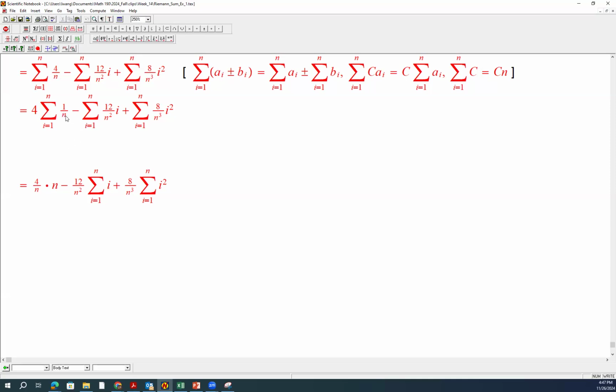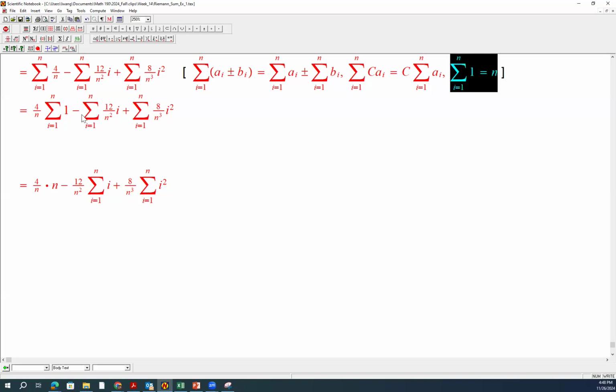Why? Because n has nothing to do with i. That's why we can bring it outside as well. So we just have 1 left. So we use this formula: the summation of 1 equals.